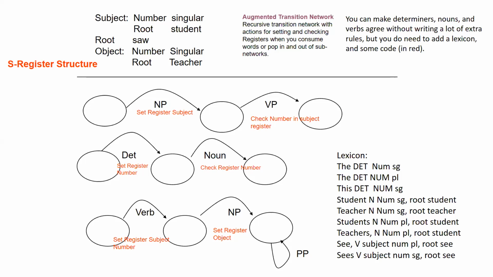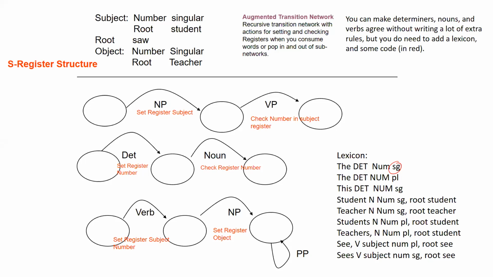And so let's start by what happens when you go into a noun phrase. So let's say you start in the first state of the noun phrase machine, determiner noun. When you read the determiner, you look up its number in the lexicon, and you find out that it says number singular.